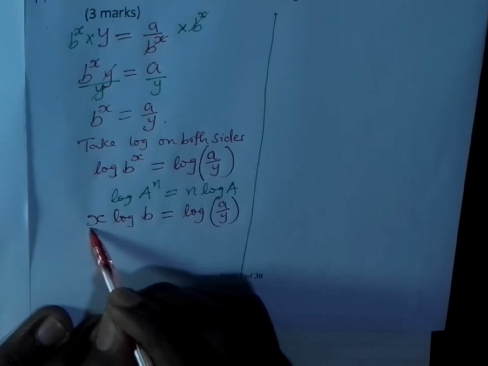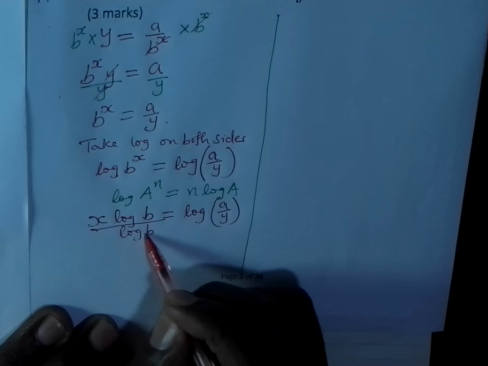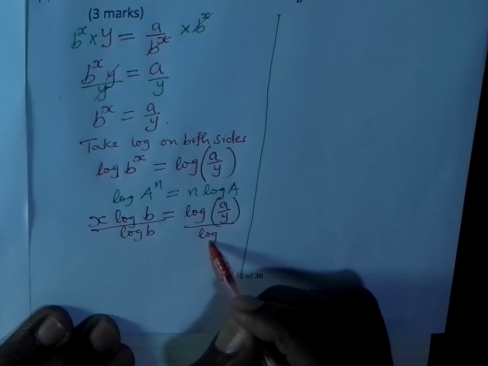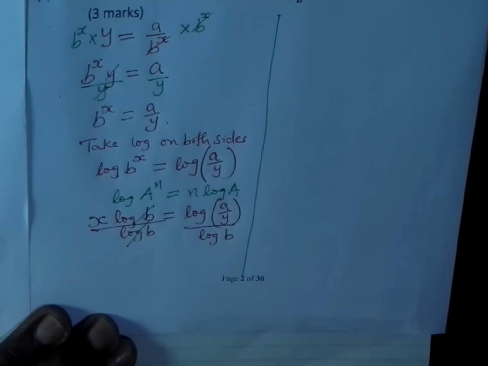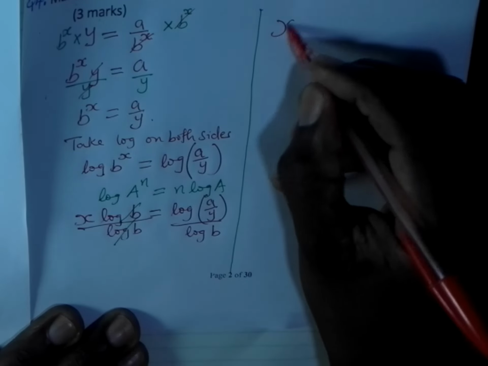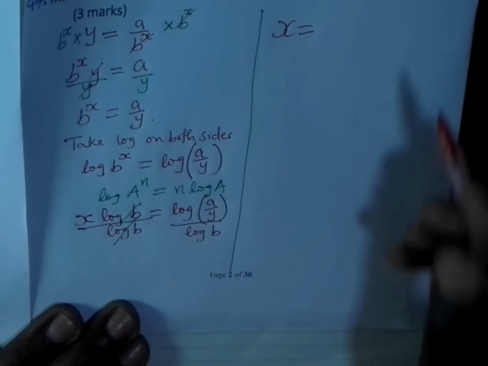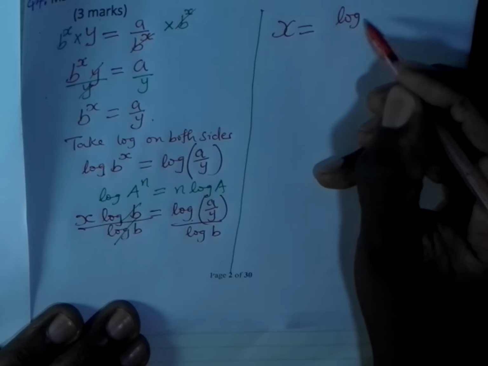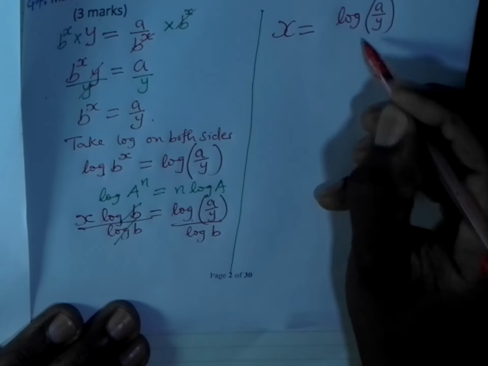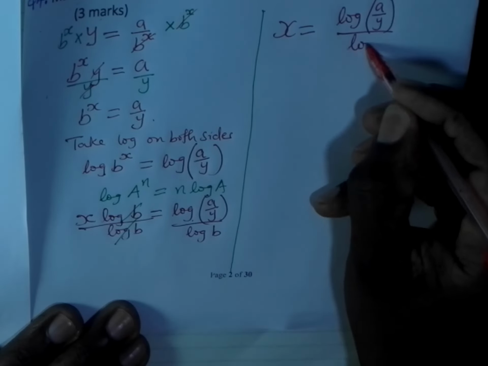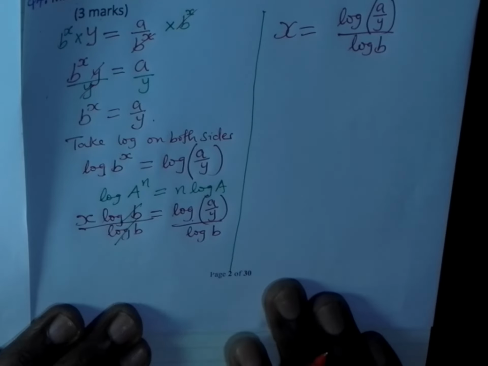So divide both sides by log b. So this will cancel out. And therefore, we have x is equal to log of a over y, all over log of b.